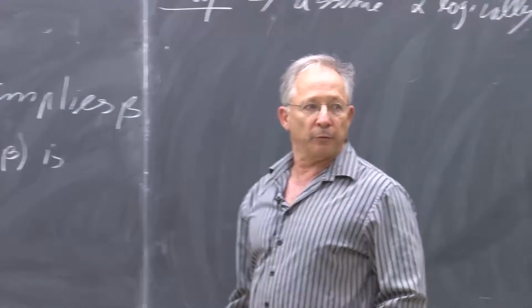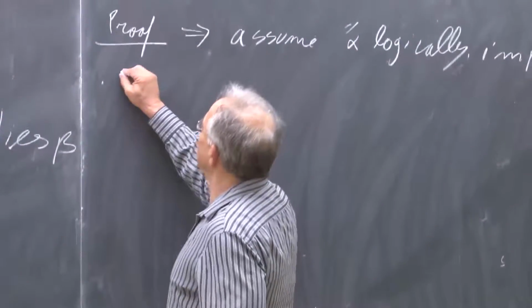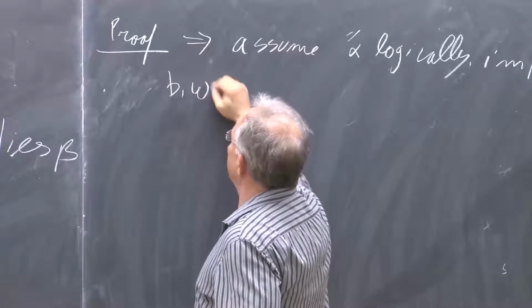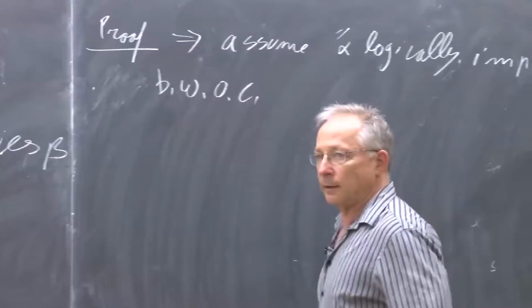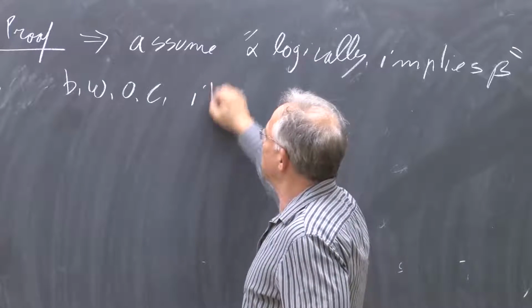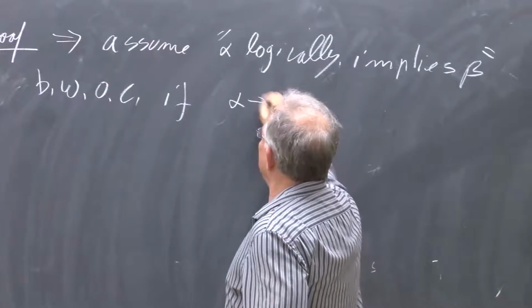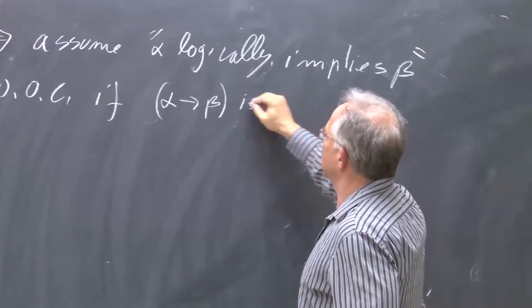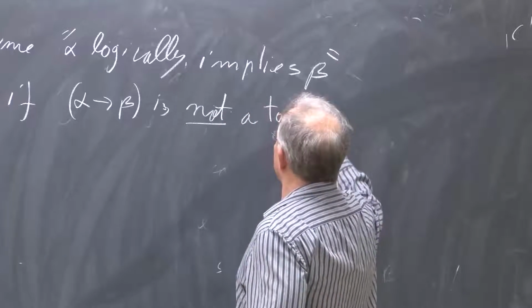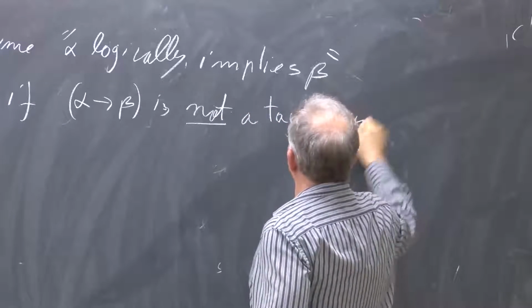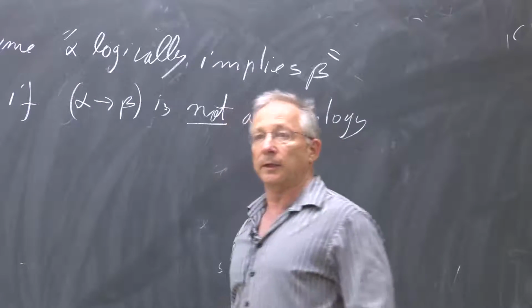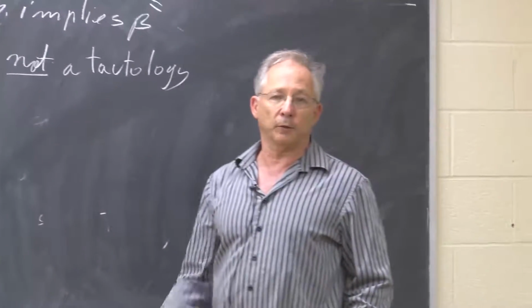So I can argue by way of contradiction. Assume alpha arrow beta is not a tautology, because I have to show that it is a tautology, so I assume it's not a tautology and get a contradiction.